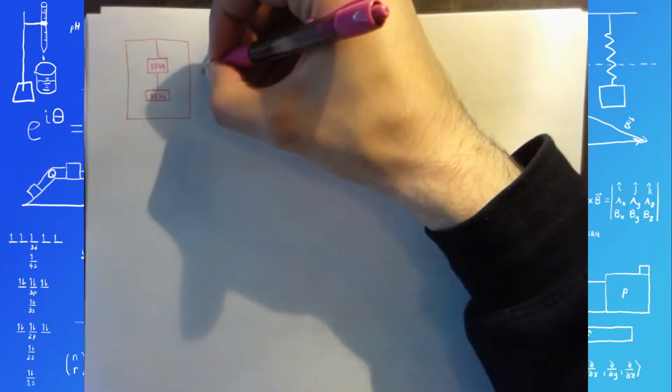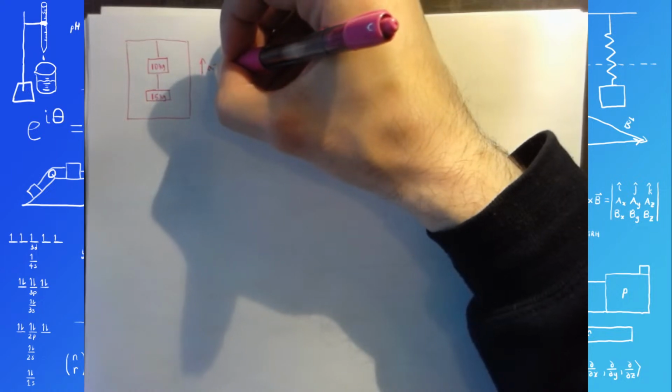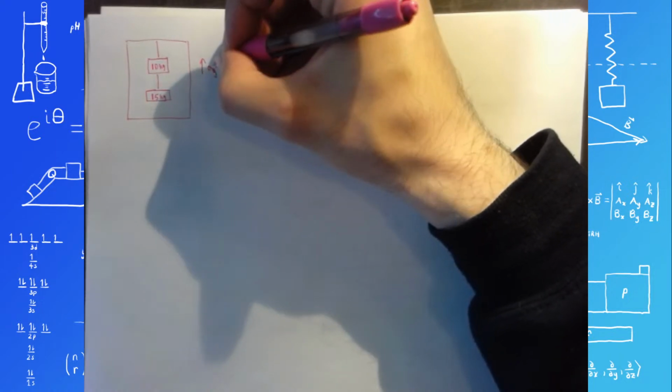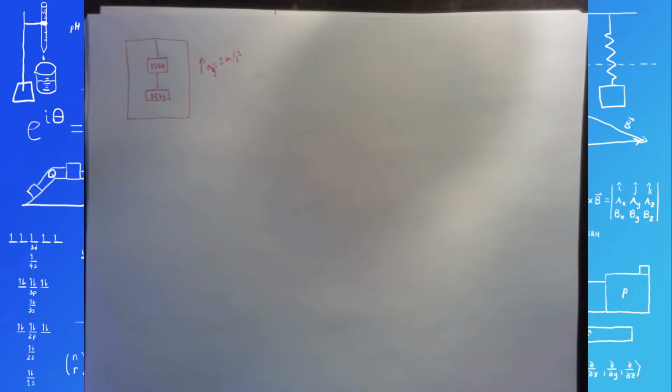And it says that this elevator accelerates upward. Acceleration in the y direction, a_y, is equal to 2 meters per second squared. And it says find the tension in each rope.